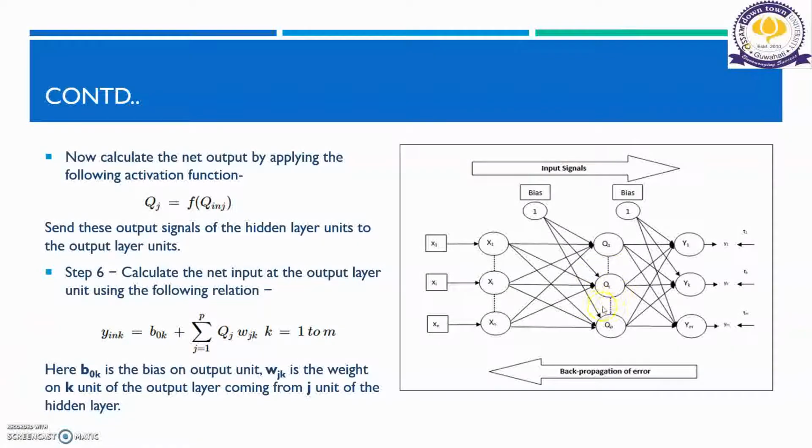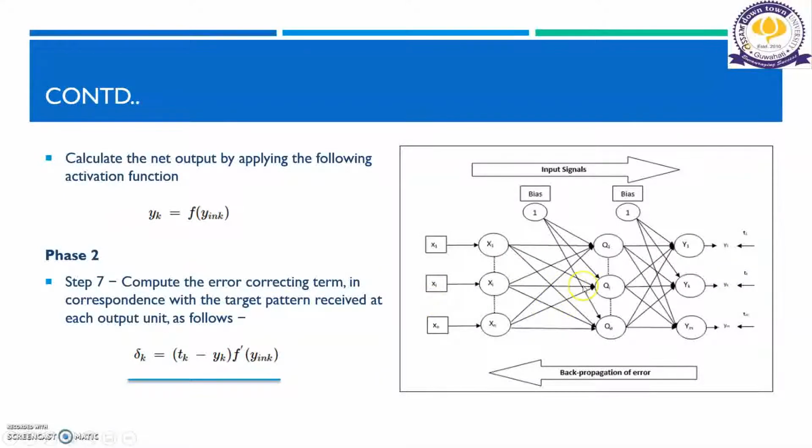After that, we send these output signals of the hidden layer units to the output layer units. Here again in the output layer, each of these units will first compute the net input using this equation. Here wjk is the weight on the kth unit of the output layer coming from the jth unit of the hidden layer, and b0k is the bias associated with the output layer.